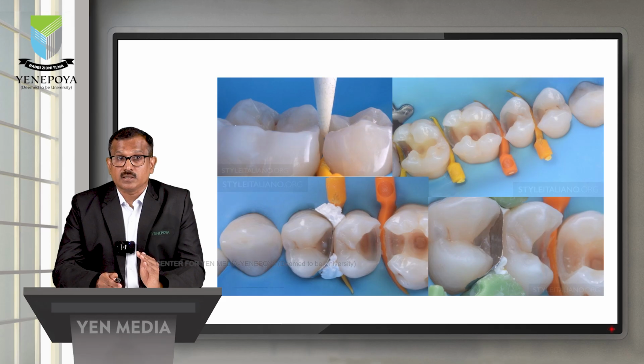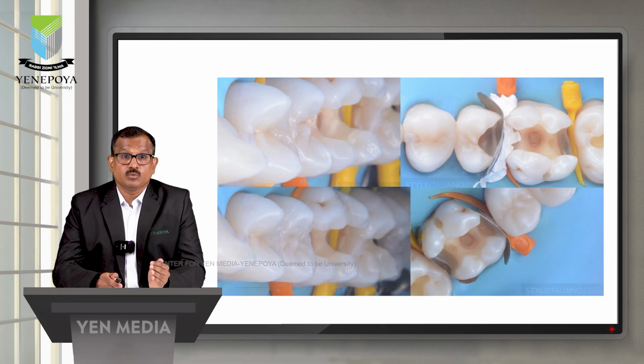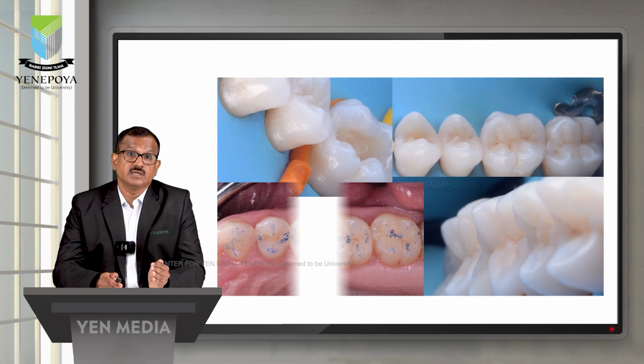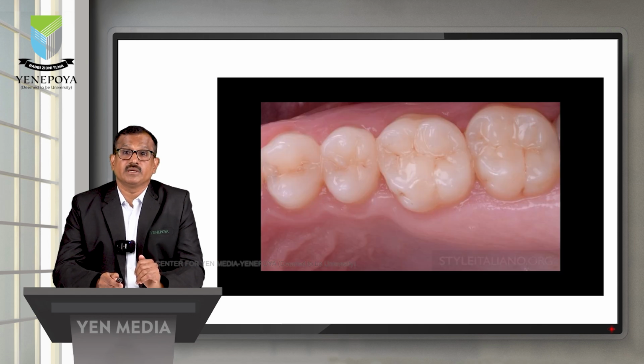Proximal contour matrices have to be placed, and then we build it up wall by wall. That is when we get the final restoration beautifully, and we check for occlusion and make sure everything is right, so we are giving a proper functional tooth. That is what our aim should be.